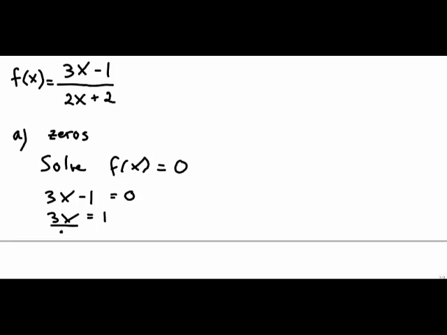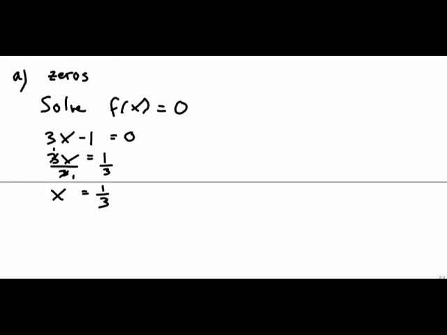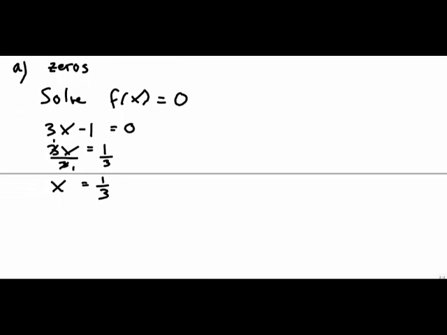Divide both sides by 3. We can now cross out 3, left with 1 and 1. Last step, x is equal to a third. And that's the only 0 we have. That was easy. We just look at the numerator and find out for which x value the numerator is equal to 0. That's our zeros, or the roots of the function.